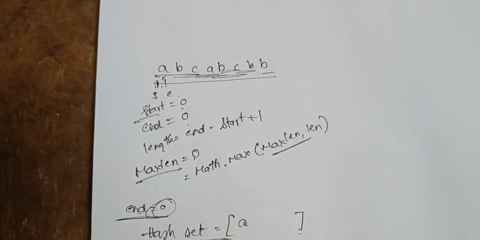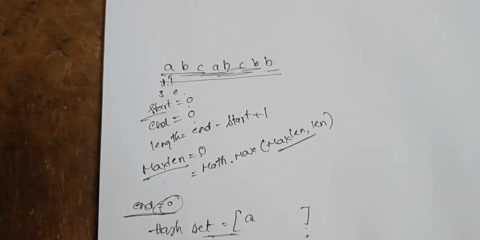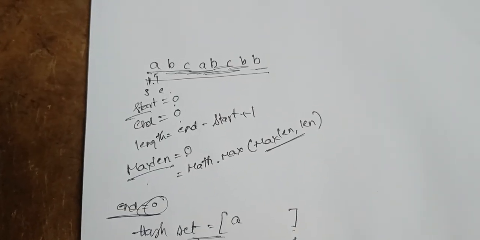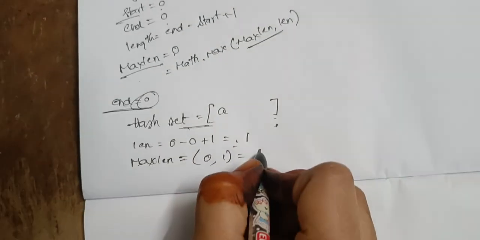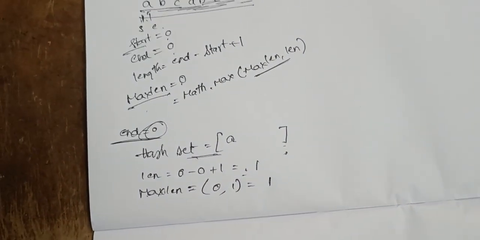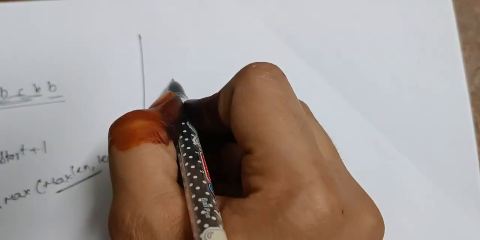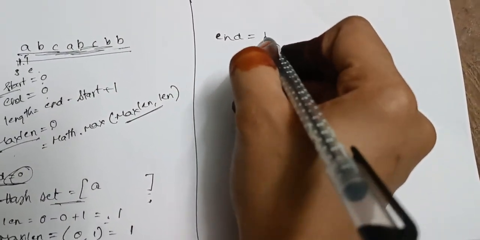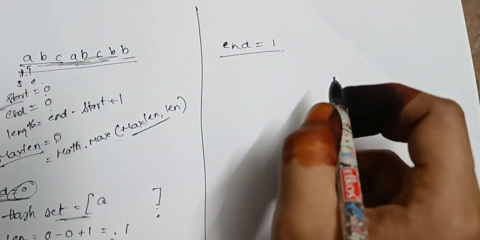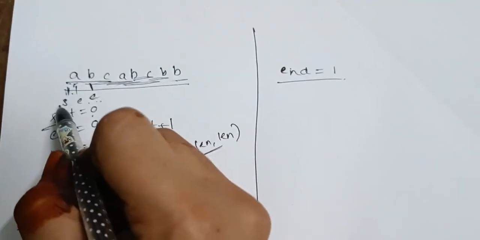And later the length also changes. End is 0 and start is 0, plus 1 is 1. So my length is 1 and max length becomes Math.max of max length 0 and length 1, which is 1. Now my end has been incremented to 1. My end moves to B, but my start remains here.